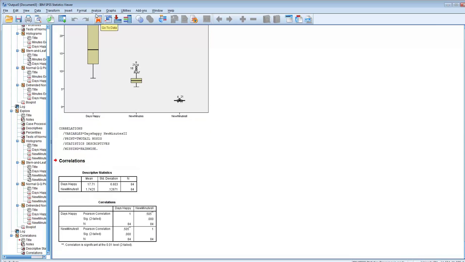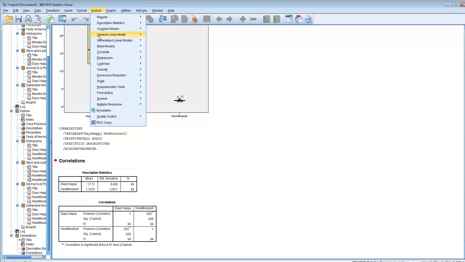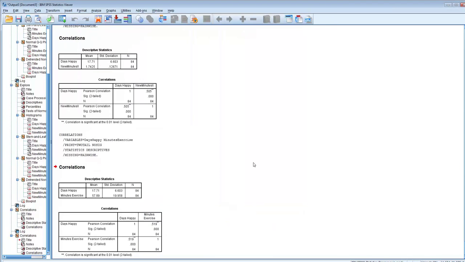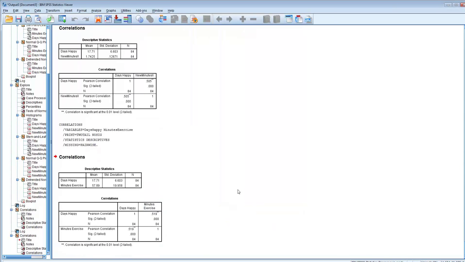Now, just for fun, let's click on Analyze and run a correlation with the original variable to see how different the original variable would have been and if we would have had a problem with running that analysis. So let's click on OK, and let's look at what emerges here. If you notice, we have 0.50 on the previous and 0.51 on the original data, which is not terribly different.